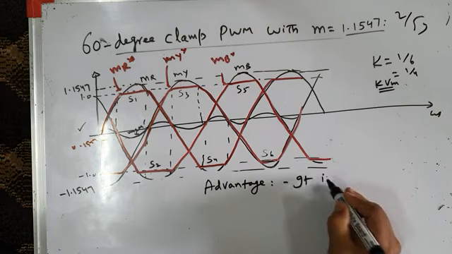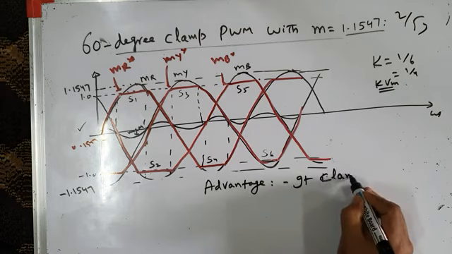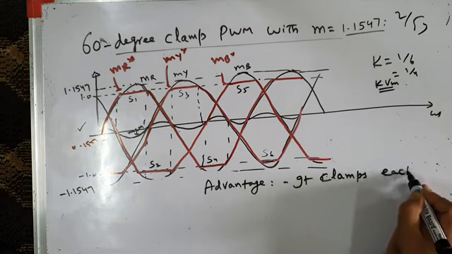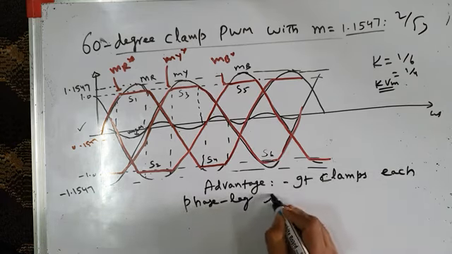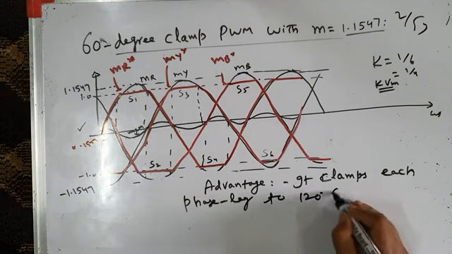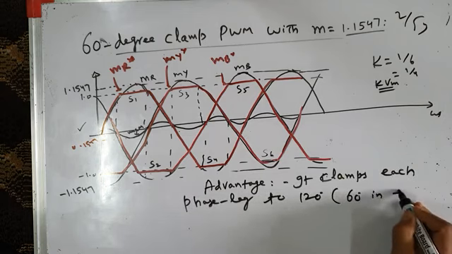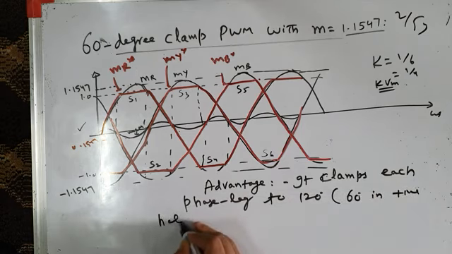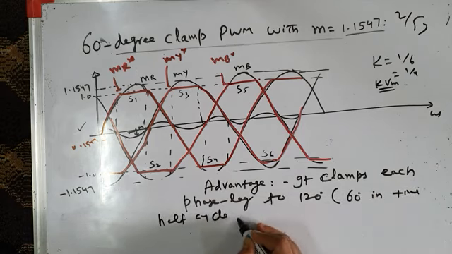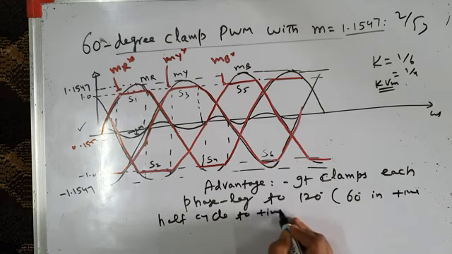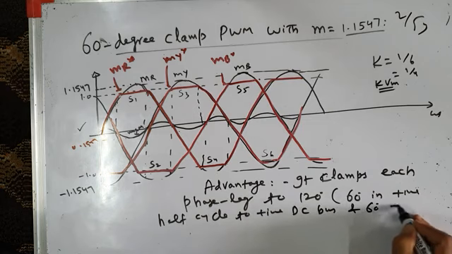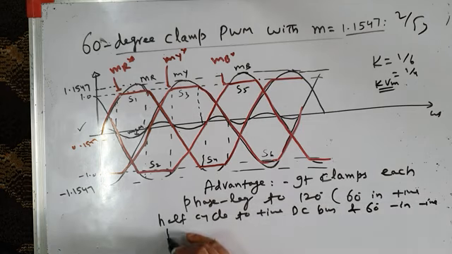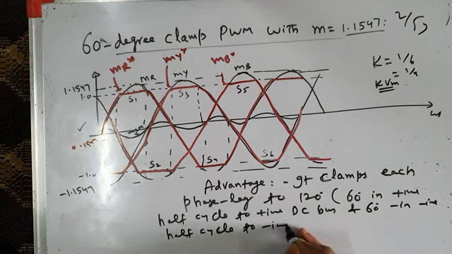So the advantage of this type of 60 degree clamp PWM is it clamps each phase leg to 120 degrees. That is 60 degrees in the positive half cycle to the positive DC bus, and 60 degrees in the negative half cycle to the negative DC bus.